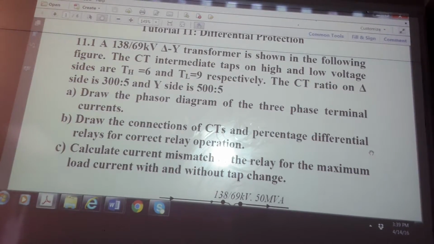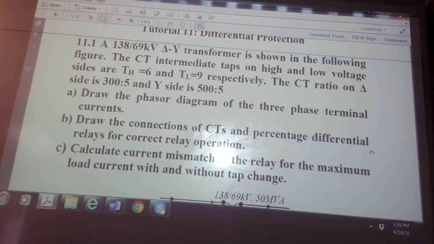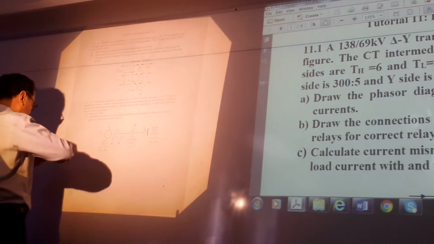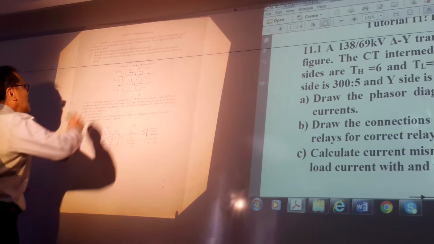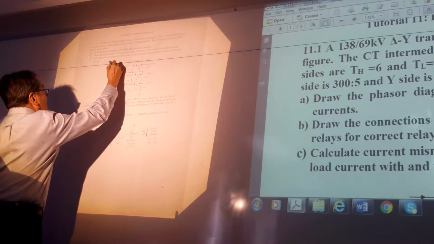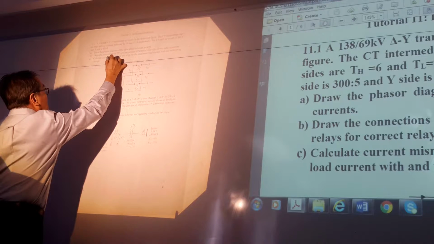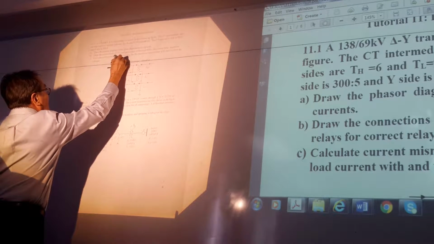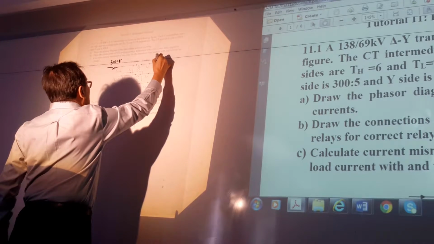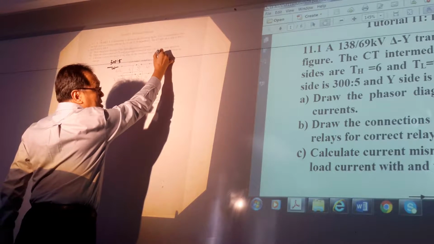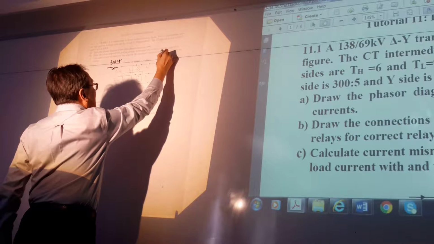So this side, the CT that you use later on is 300 to 5. This is the high voltage side. And then on this side, you're also using your CT, but it's using 500 to 5.